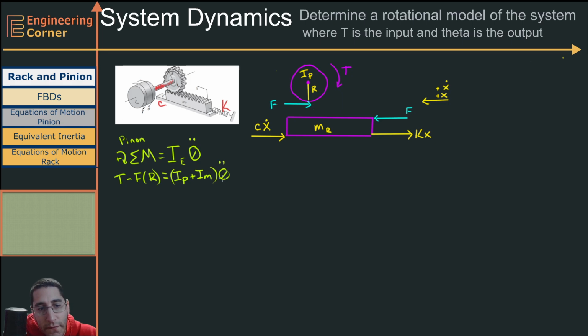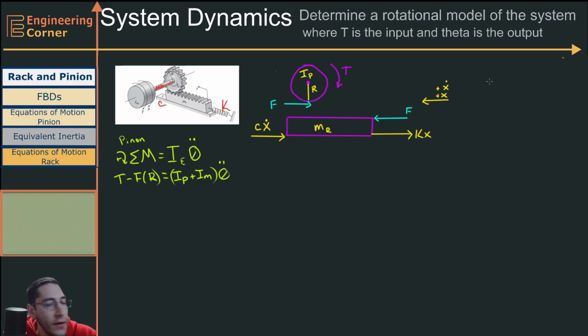Now, maybe you've done this enough and you say, okay, I know that my equivalent inertia is going to be the inertia of the pinion plus the inertia of the motor. If you were not neglecting the inertia of the shaft, that would be in there too, but maybe you don't remember that.